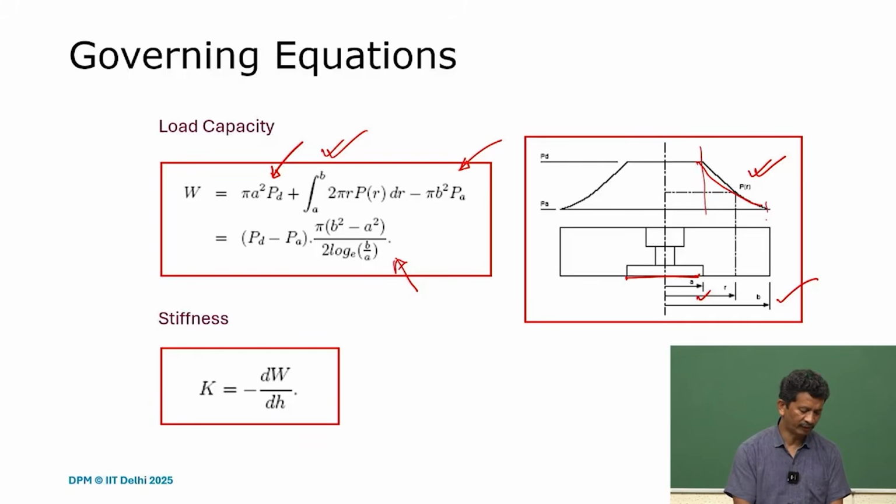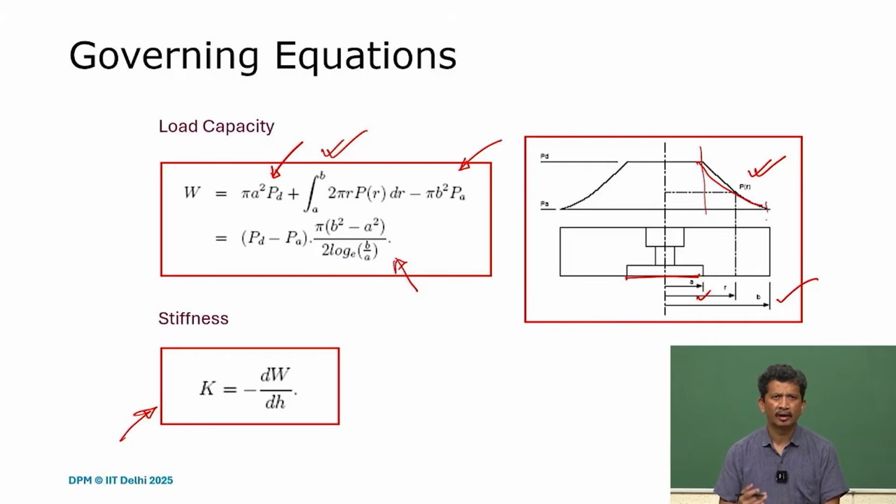And once we differentiate, we can also find the stiffness. So when the extra load is applied, what is the change in air gap? That can give us the stiffness value. It's a nonlinear system, so it's not a linear characteristic.